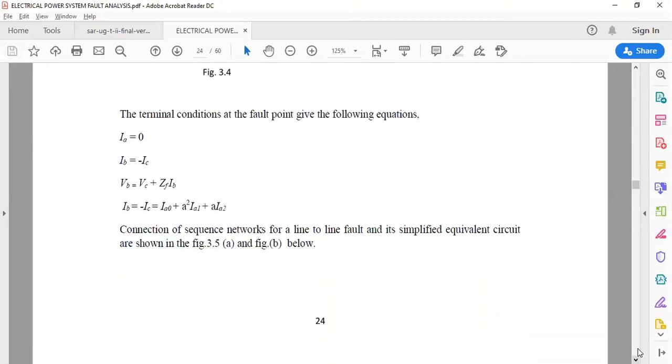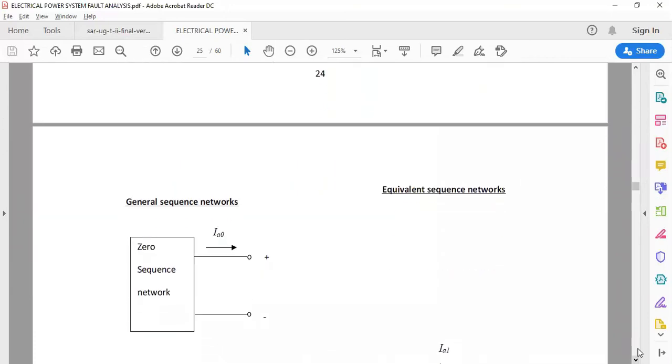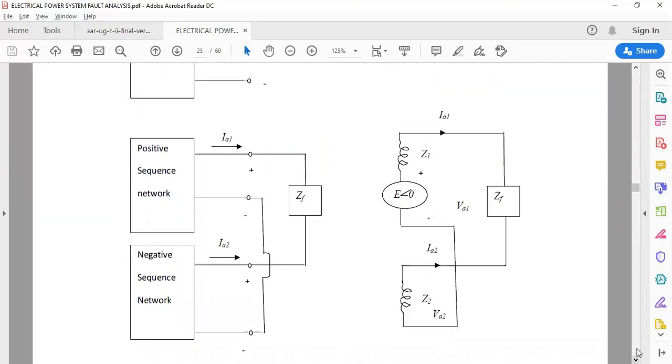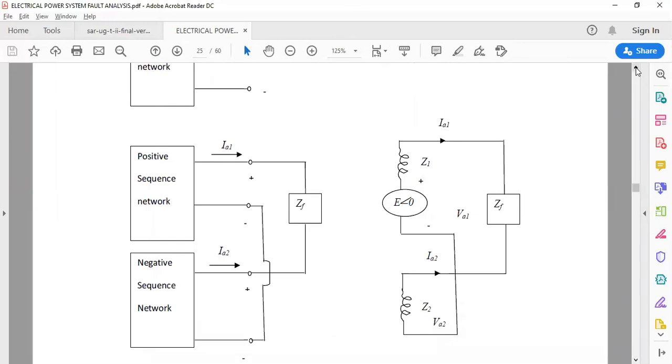Let's see the equivalent circuit of line to line fault. In this, as I said, the zero sequence circuit remains absent because there is no involvement of neutral in this particular type of fault.